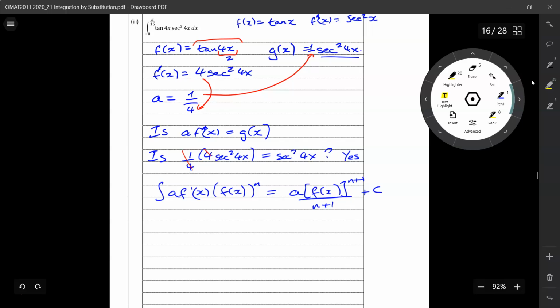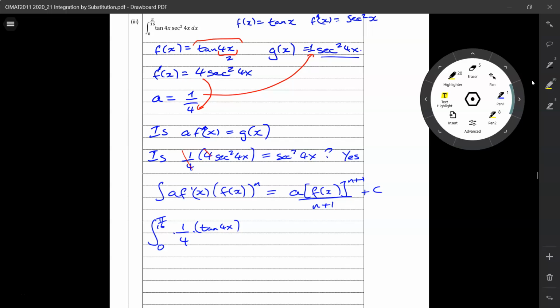So our rule is as follows: the integral from 0 to pi over 16, so our upper limit is pi over 16, the lower limit is 0, and our a in this case is a quarter, and then our f at x is tan of 4x, and originally that was to the power of 1.